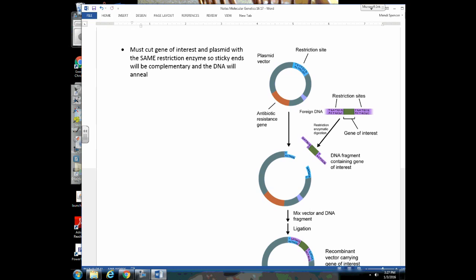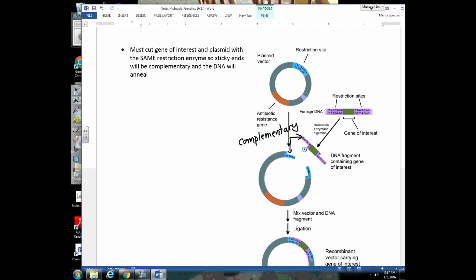As I mentioned, you have to use the same restriction enzyme to cut open the plasmid and to cut out the gene of interest that you want to insert into the plasmid. So notice that the plasmid and this gene of interest, or the DNA from the different species, have to have the same restriction sites for a certain restriction enzyme. If you use the same restriction enzyme, then these ends are going to be complementary to each other.